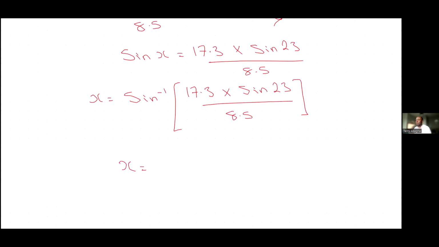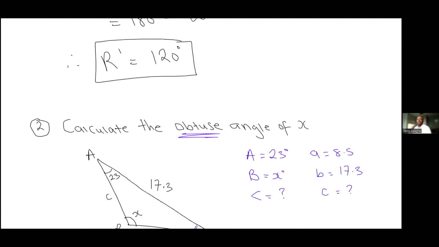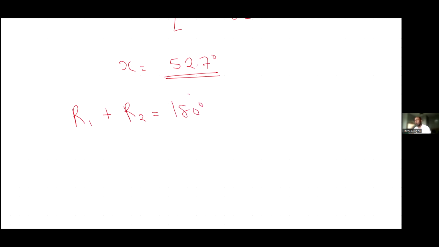52.7 degrees. So remember, I told you that sine is going to give you only the acute angle, all right? But the question wanted us to solve what? The obtuse. Wanted us to calculate the obtuse angle. But remember, I told you that R1 plus R2 must be equal to what? 180 degrees. So the acute angle plus the obtuse angle must give you 180 degrees.